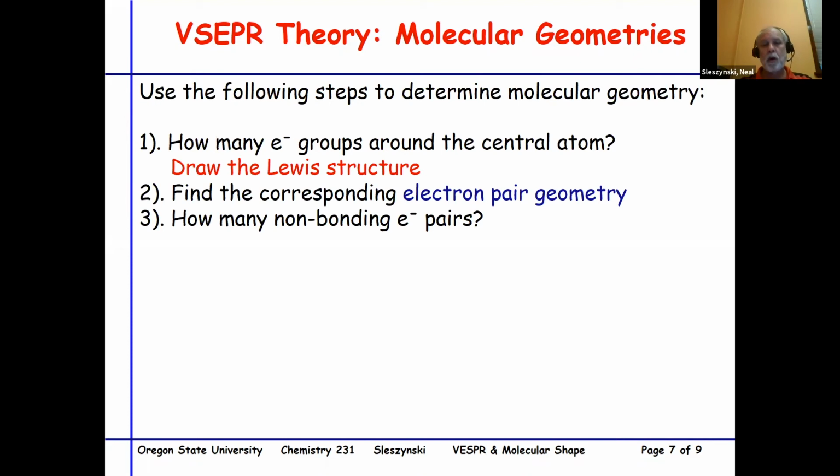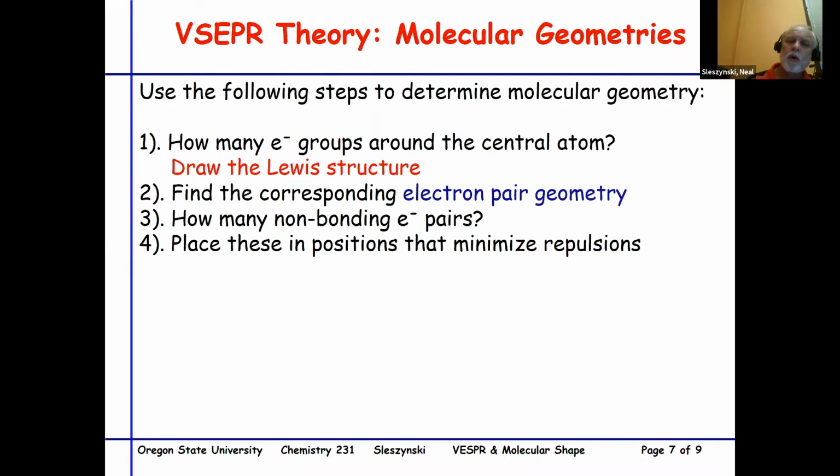We'll then go back to our Lewis structure and say, do we have any non-bonding electron pairs? And if we do, how many do we have? We're going to place those non-bonding electron pairs in the positions in the geometry that minimize their interaction with other electron pairs. If you haven't heard it before, energy is the reason for everything. We're trying to minimize the energy inside of the molecule.